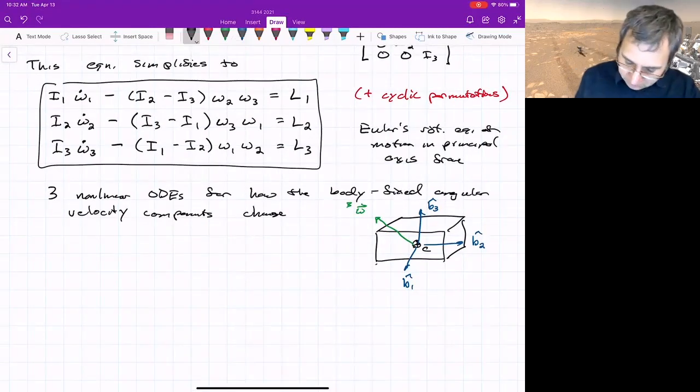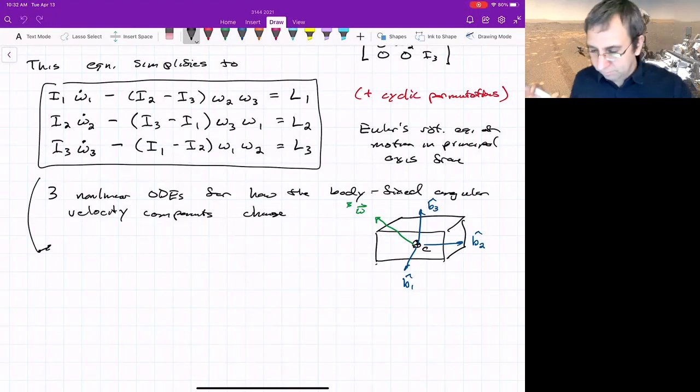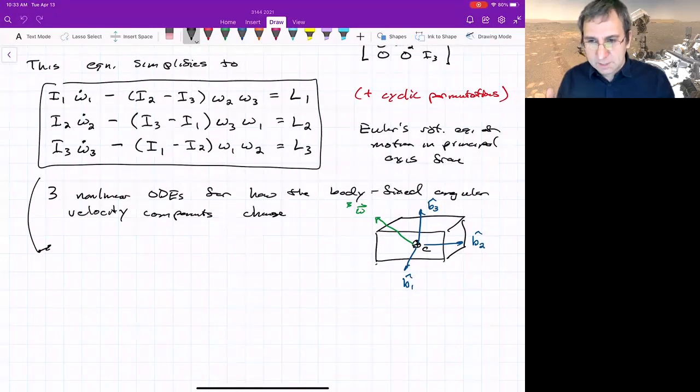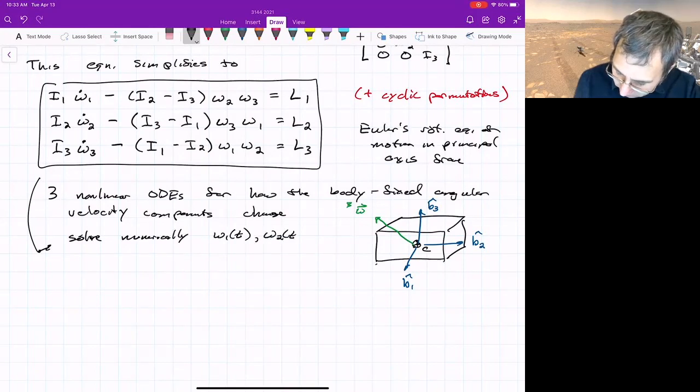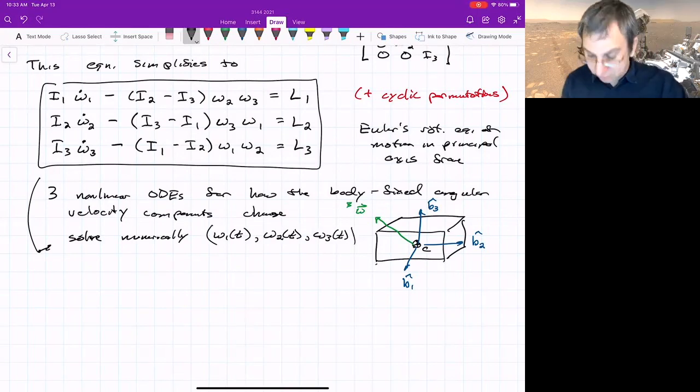In general, you will solve this computationally. We will look at an analytical case just to get some insight. But if you were to solve this numerically, it would give you omega 1, omega 2, and omega 3 as a function of time. So you'd start with some initial condition for omega, and then solve it.